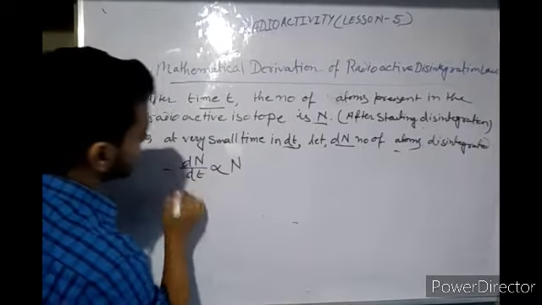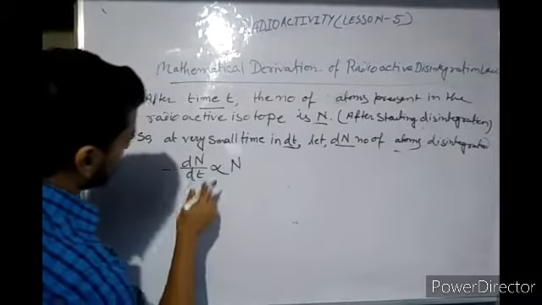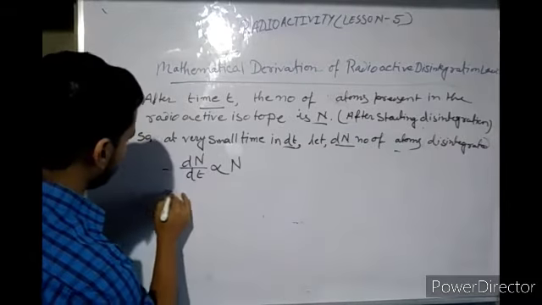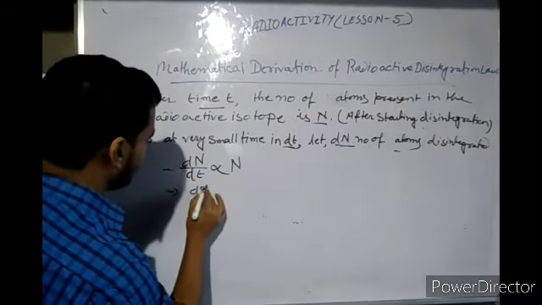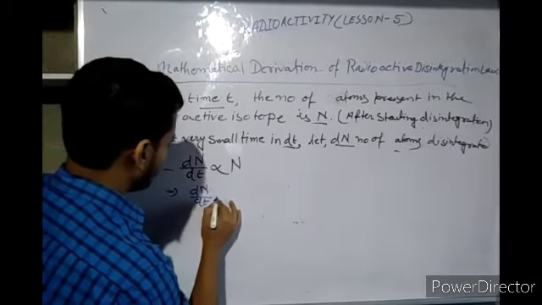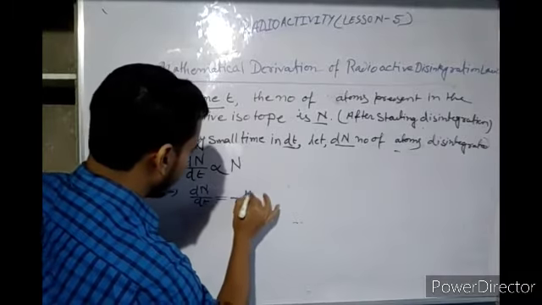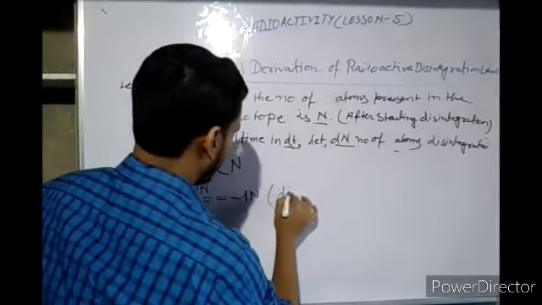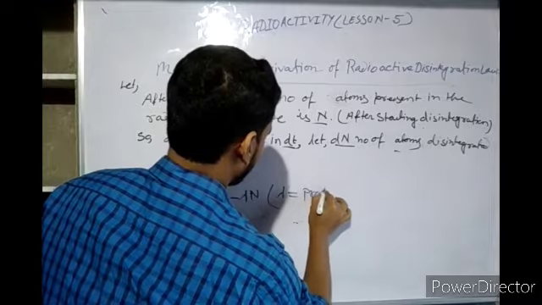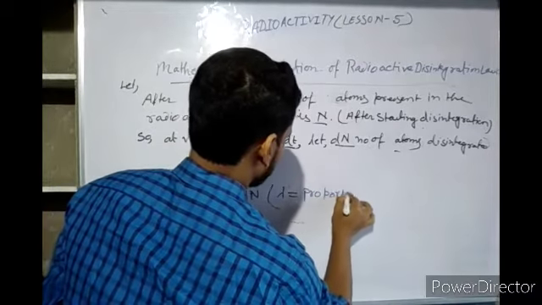To omit the proportional sign, we give a proportional constant: dN by dt equals minus lambda N, where lambda is the proportional constant.